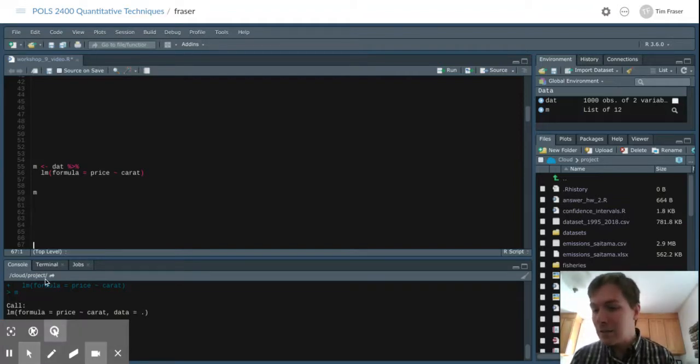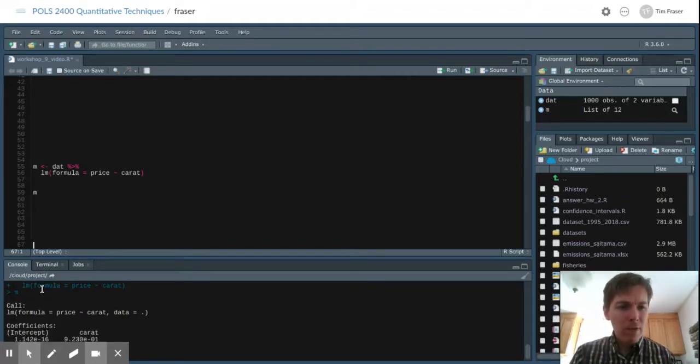And that is a very, very small price. So this suggests that most diamonds usually are pretty worthless, right? And then our carat over here is our beta coefficient for carat, right? So intercept is alpha, and this is our beta coefficient.